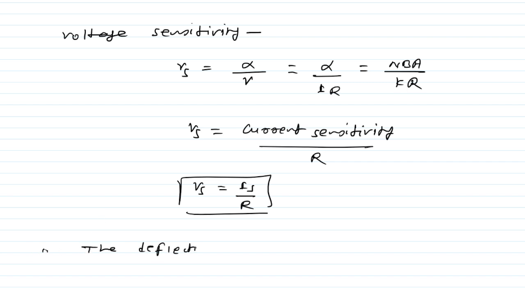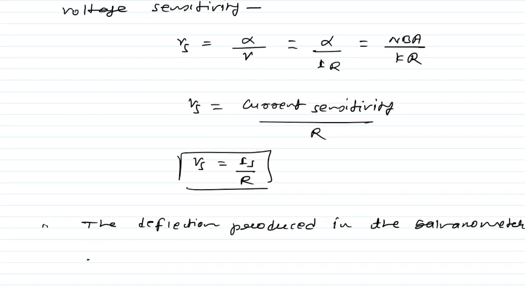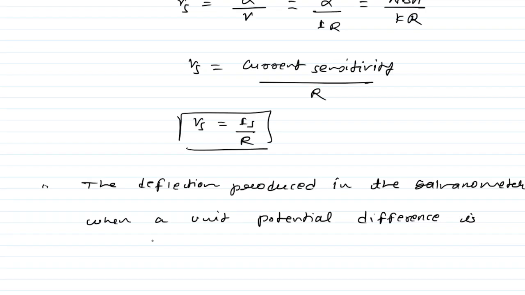The deflection produced in the galvanometer when a unit potential difference is applied across its ends.